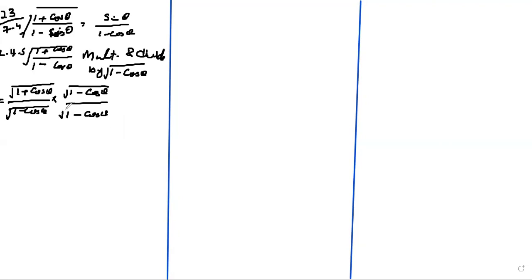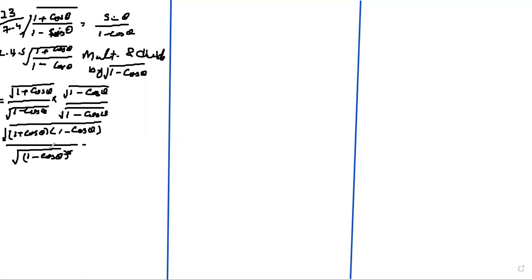What will happen? The numerator will be 1 plus cosine theta into 1 minus cosine theta. Right? Okay, and the denominator is 1 minus cosine theta squared, and its root.